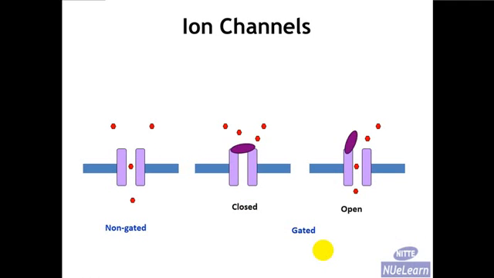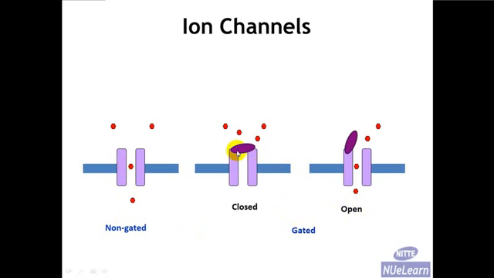There are two basic types of ion channels: the non-gated channels and the gated channels. The non-gated channels are always open. They may be specific to particular ions, but they are always open, and if there is a concentration gradient, ions move across the cell membrane through these non-gated channels.